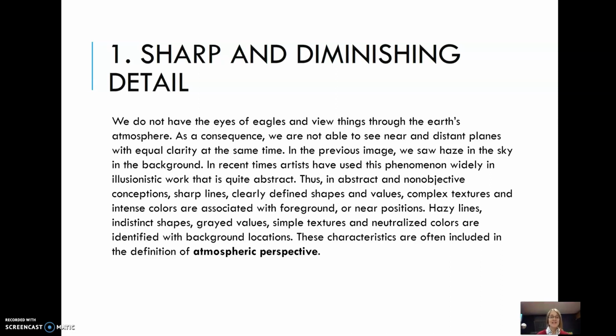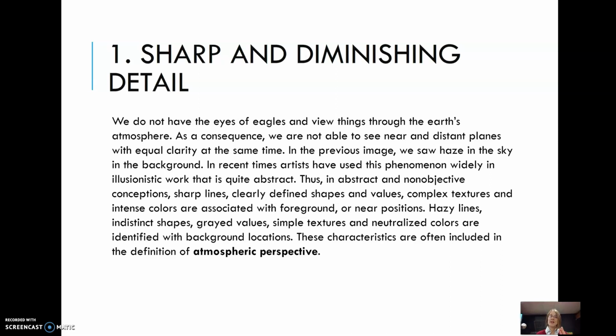So hazy lines, indistinct shapes, gray values, simple textures, neutralized colors like grays, tans, browns are identified with background locations. These characteristics, again, that is the definition of atmospheric perspective.